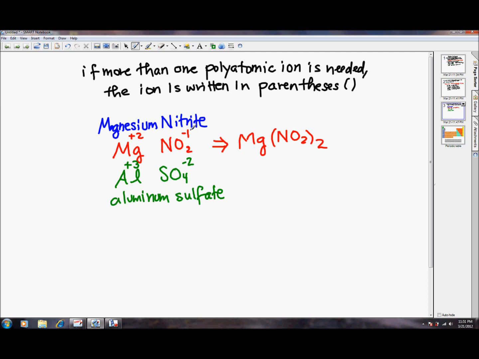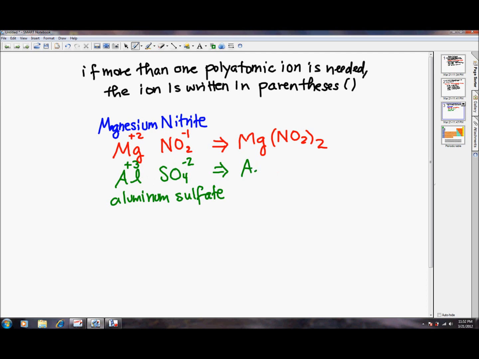And if you're confused about where these numbers are coming from, look at the back of the periodic table. Both the formula and the oxidation state for every polyatomic ion are found on the back. Okay, well, how do I write this in a formula? Well, this is +3 and this is -2, so those don't add up to 0. So I'm going to have to switch the numbers. So the 3 is going to go here and the 2 is going to go over here.